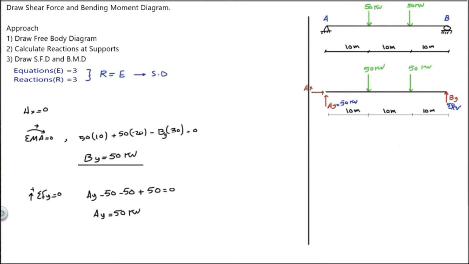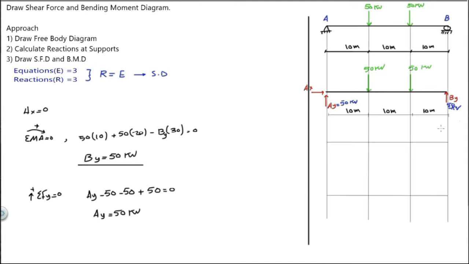Now let's draw the shear force diagram. There is 50 kilonewton here, positive. So we go up, starting from this point, by 50 kilonewton. Nothing is changing here. We go the 0 slope, straight line. Here there is 50 kilonewton, minus, so we go down.